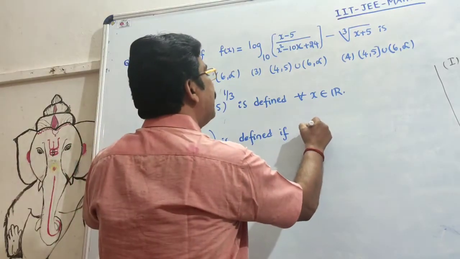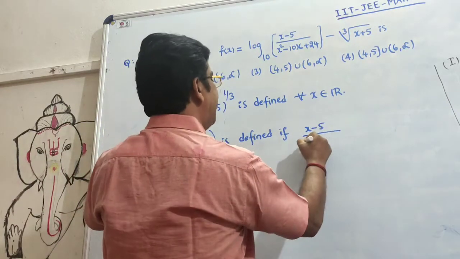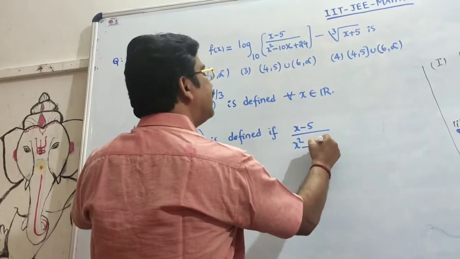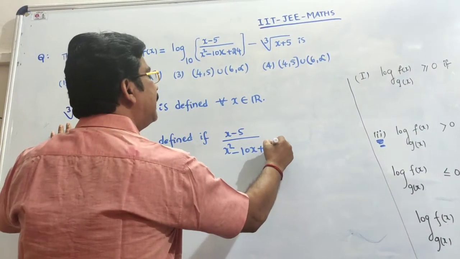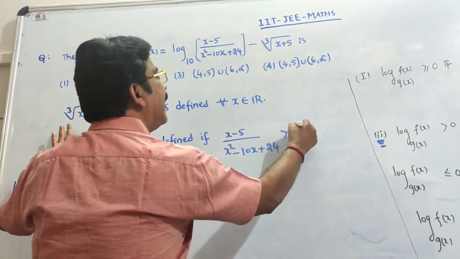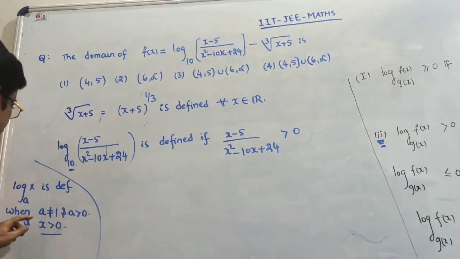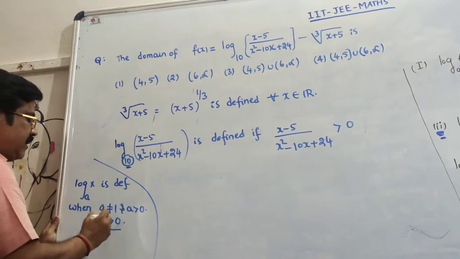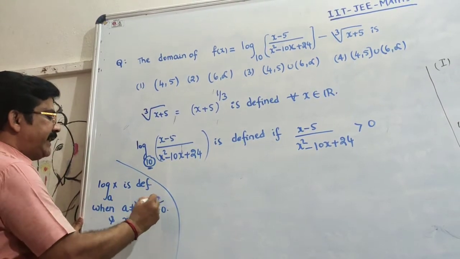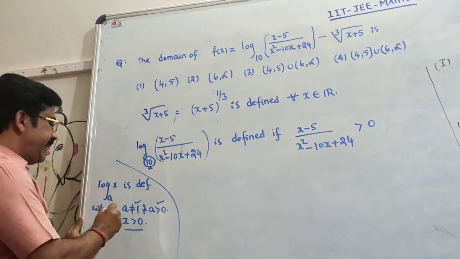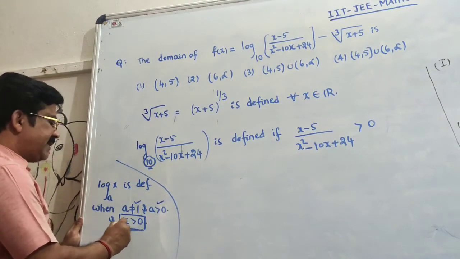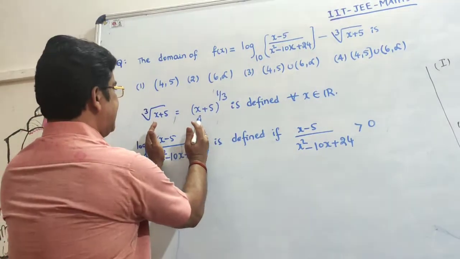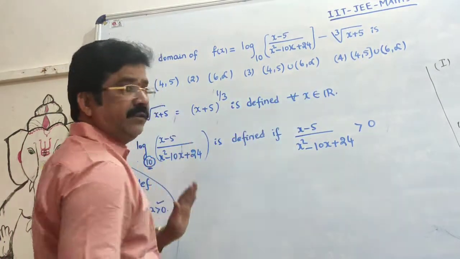So (x minus 5) divided by (x square minus 10x plus 24) should be greater than 0, because compared with small a, 10 is not equal to 1 and 10 is positive. Therefore the remaining condition is that the number x should be greater than 0.